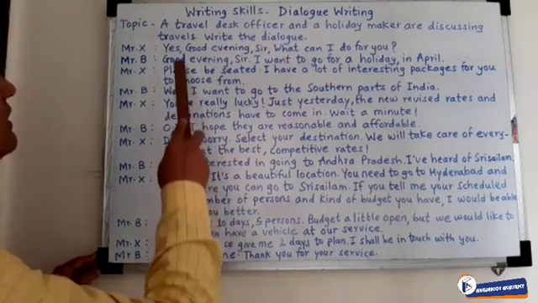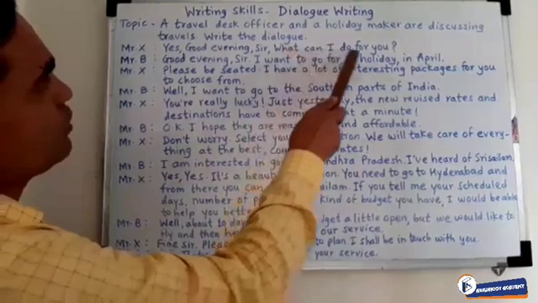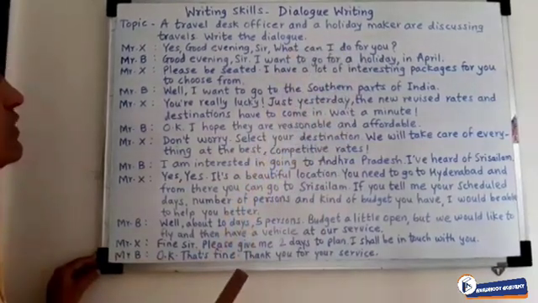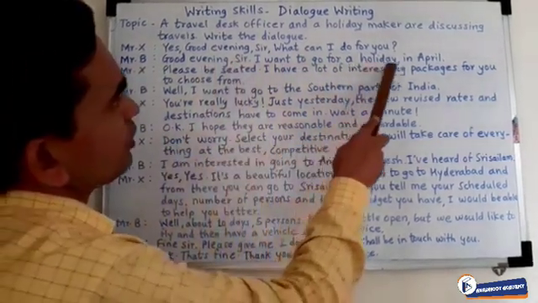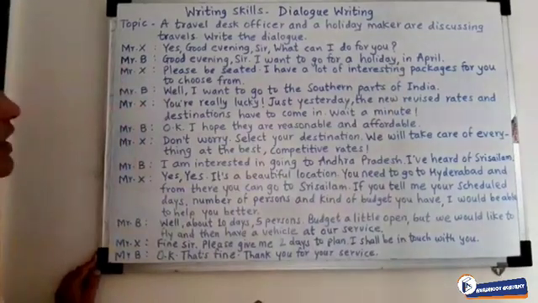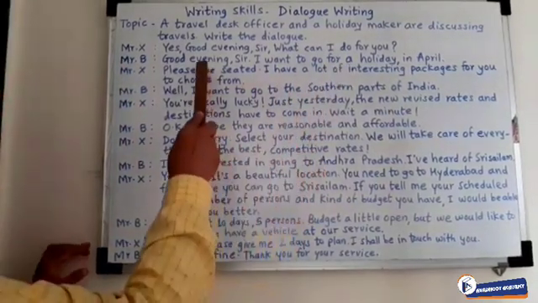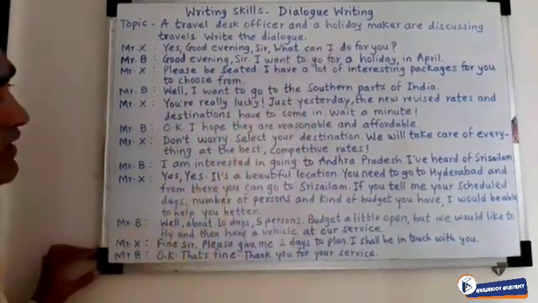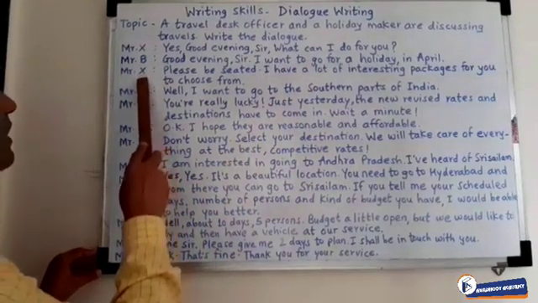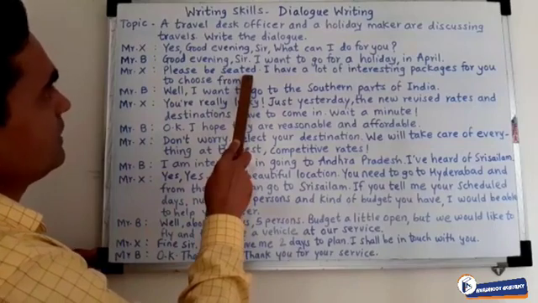See here, Mr. X is saying, "Yes, good evening sir, what can I do for you?" Mr. B said, "Good evening sir, I want to go for a holiday in April." The travel desk officer is saying to the holiday maker, "Please be seated.